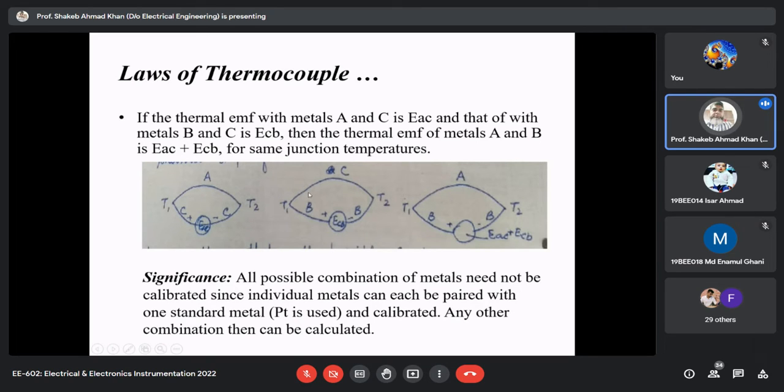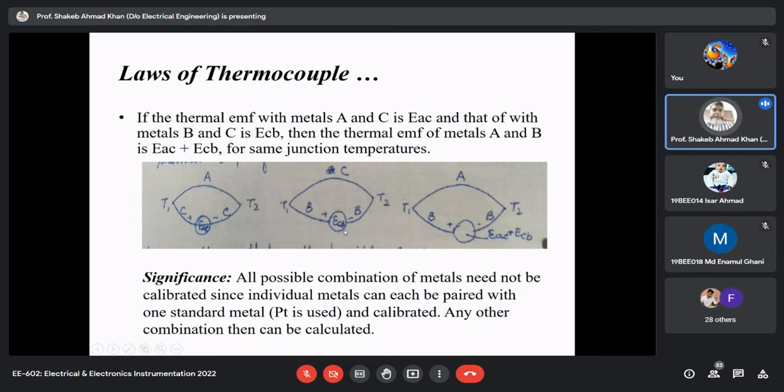Now we are connecting another metal with the C, like C and B thermocouple is made, and then your junction temperature remains same T1 and T2, and your output is ECB. Now we are having the first metal and the last metal together, and the output will be the sum of these two voltages, whatever output you are having.